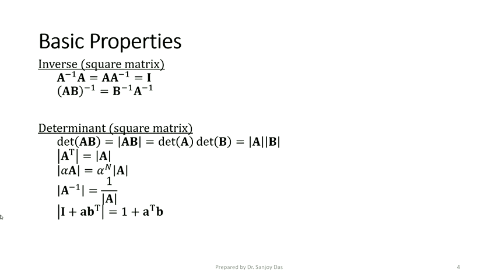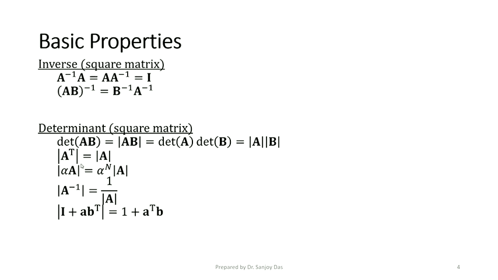Determinant of a square matrix. The determinant of AB. You know basically what determinants are. The determinant of the product of two matrices, A and B, I'll follow either this notation or this notation. Both are equivalent. The determinant of the product is the product of the determinants: determinant of A times determinant of B.